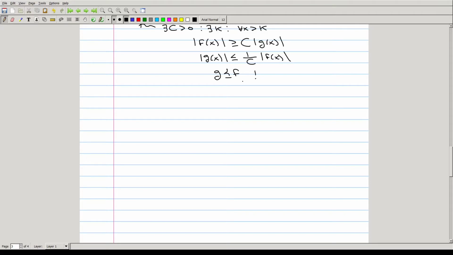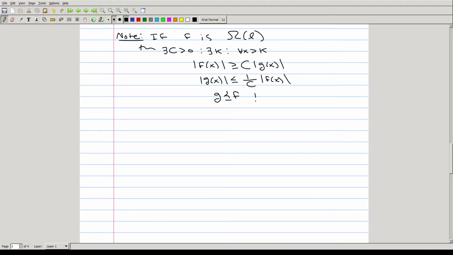So the last thing that we really want to go over and define is the idea of when two functions have the same order of growth, and then we can go through and see some examples and theorems that relate all of these properties.